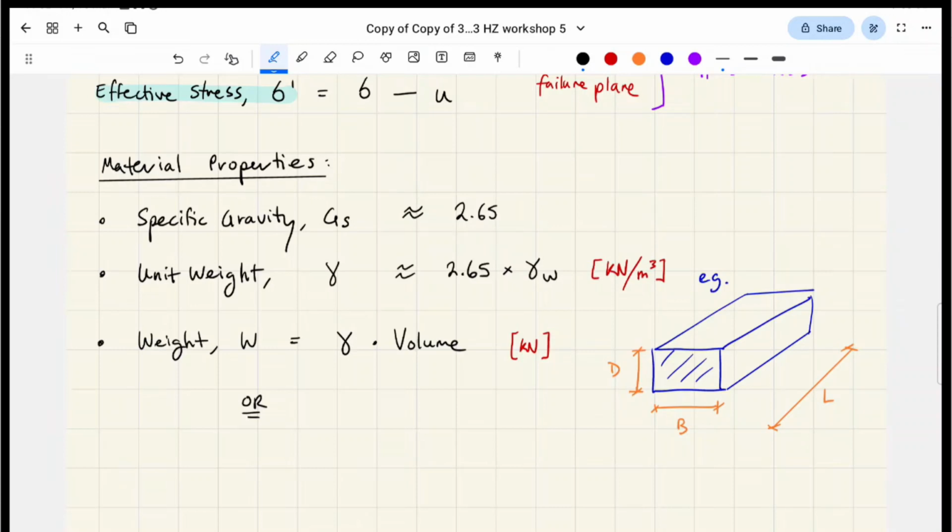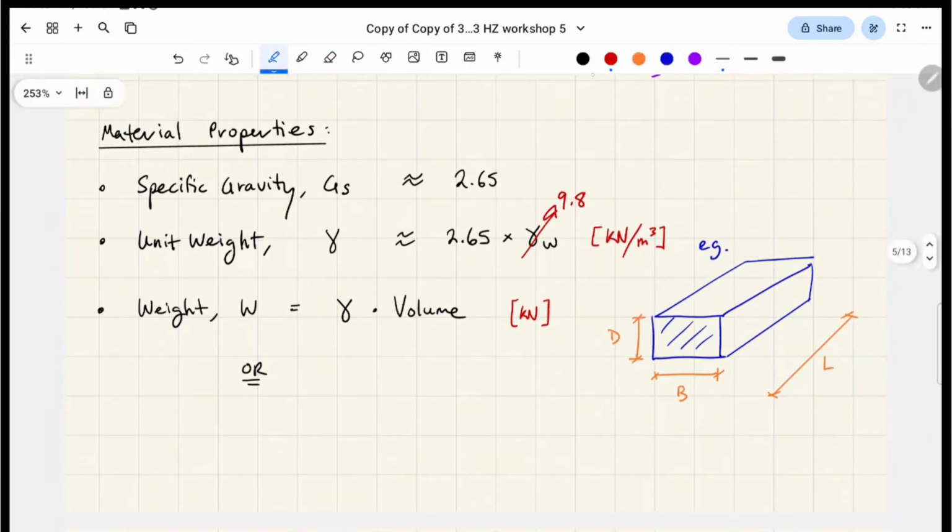Unit weight is basically this number multiplied by 9.8. G in this course is 9.8 meters per second squared. In different courses it's a different number: in soil mechanics or fluid mechanics it's 9.81, and in concrete it's 10 for some reason. But usually you're just given this number, so you don't have to do this extra step.